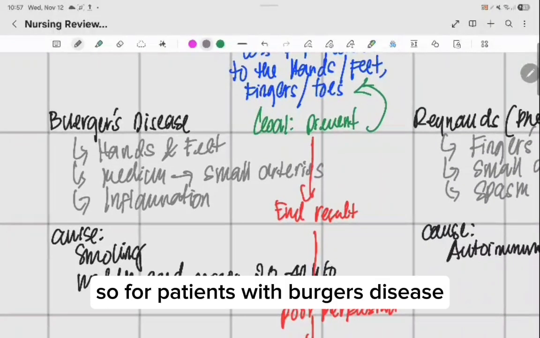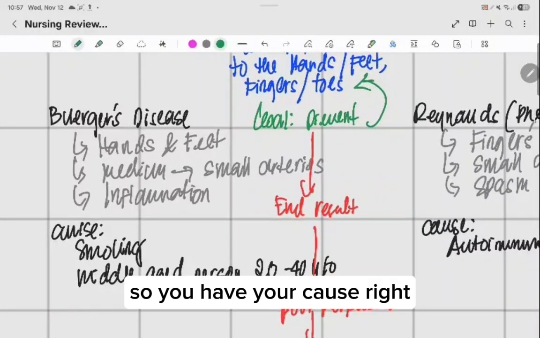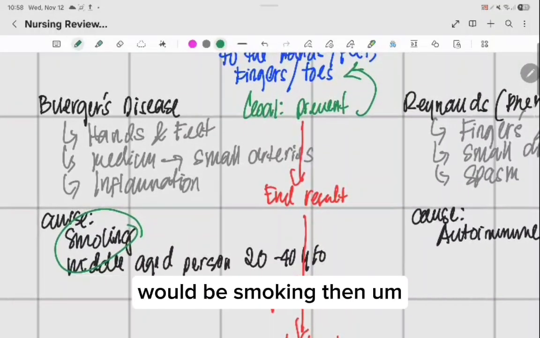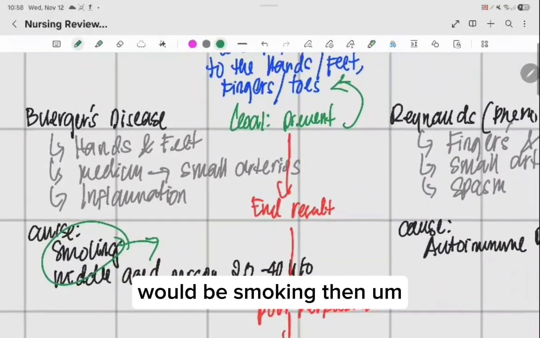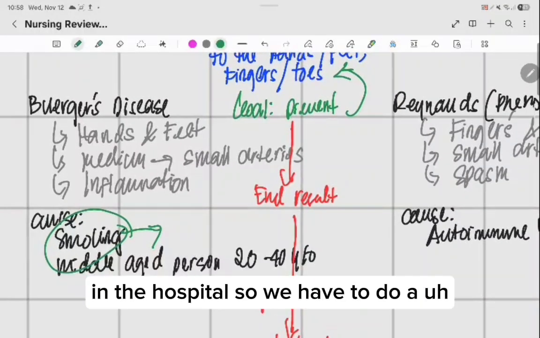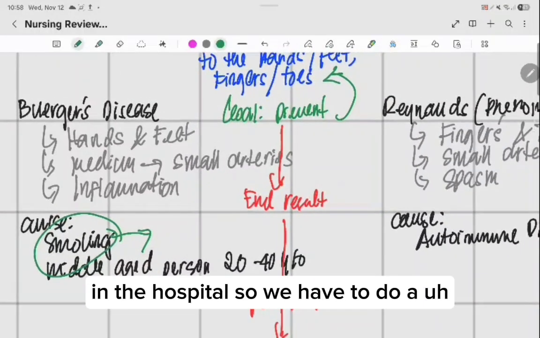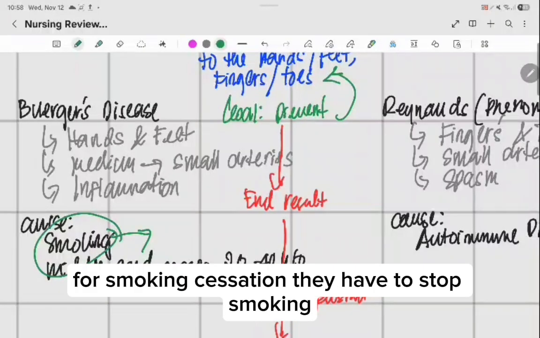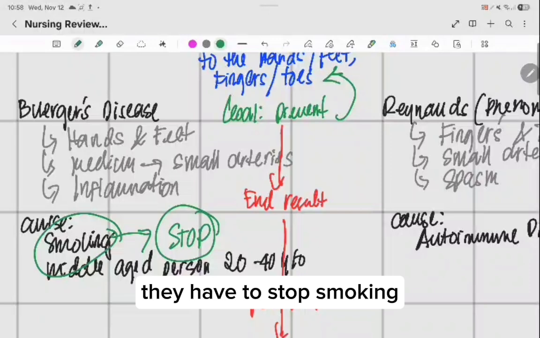For patients with Buerger's disease, the number one cause would be smoking. Then this is the number one priority when the patient is in the hospital. So we have to instruct them on smoking cessation. They have to stop smoking.